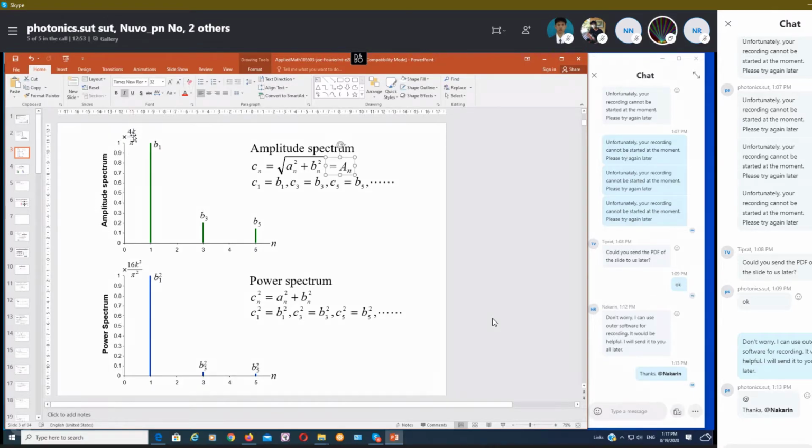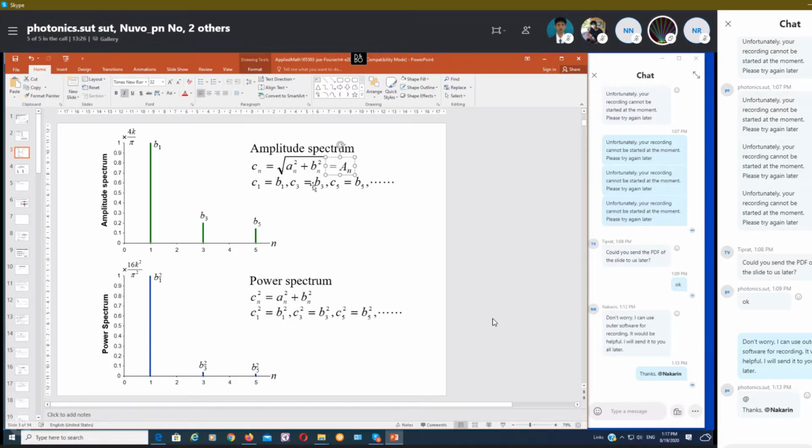If you see the scale, this 4k over pi becomes 16k squared over pi squared. In the case of the power spectrum, you have Cn squared equal to An squared plus Bn squared. Following this example, C1 squared is equal to B1 squared, from here to here.